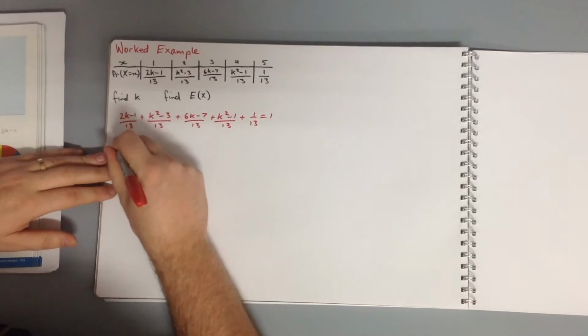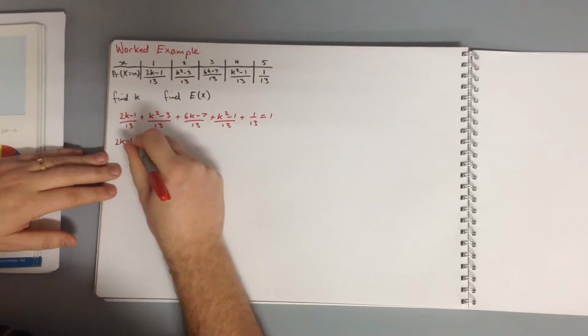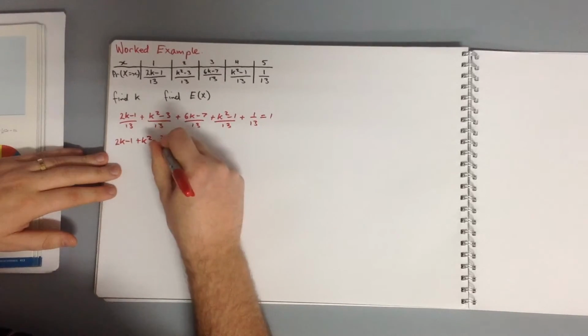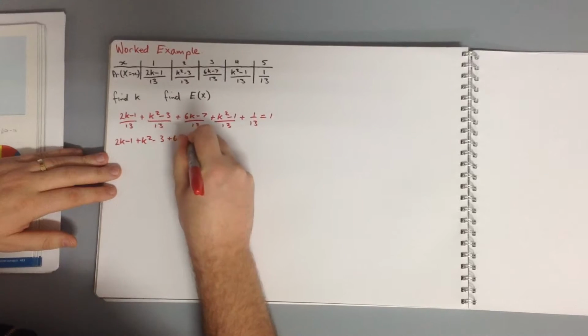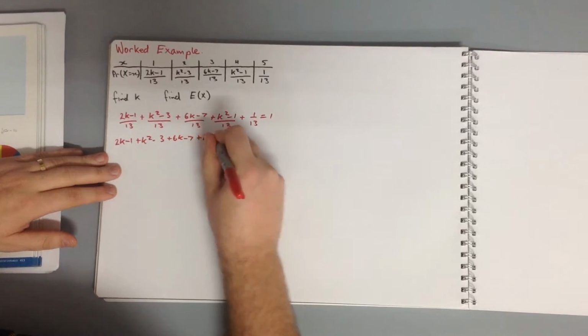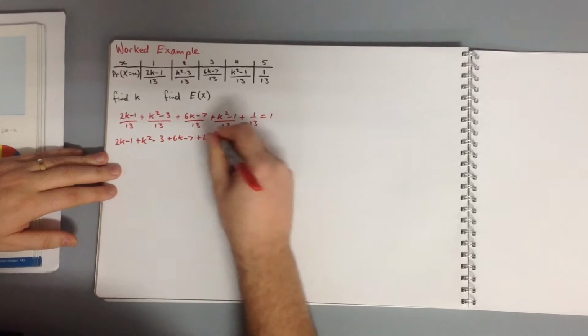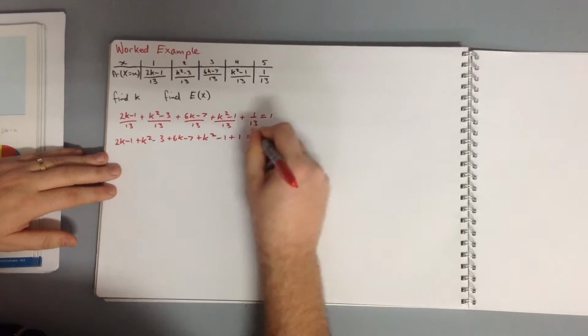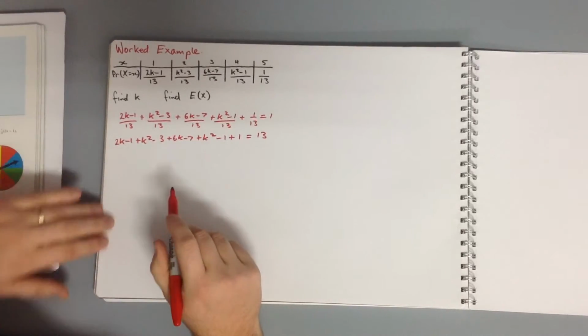So we can say 2k minus 1 plus k squared minus 3 plus 6k minus 7 plus k squared minus 1 plus 1 is equal to 13.